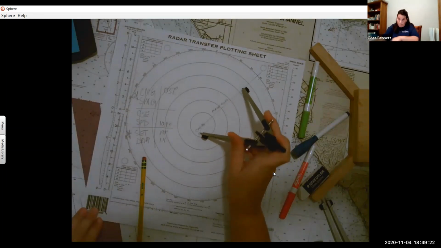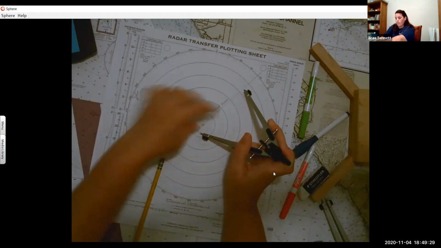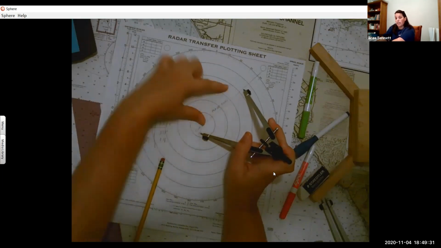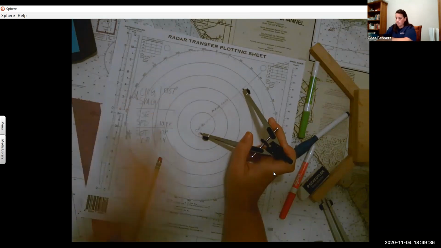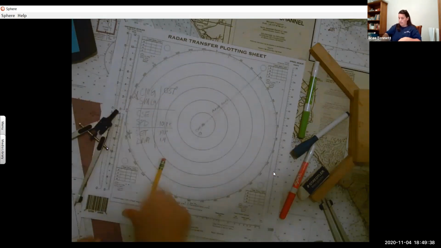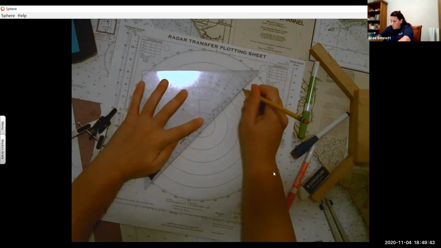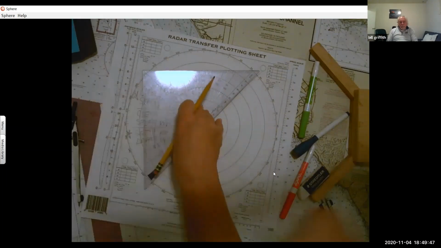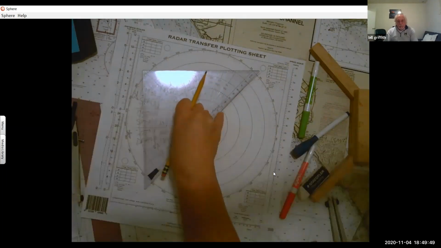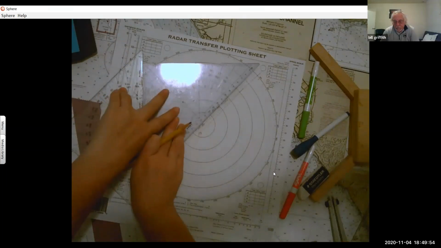So we go from the end of the current line, not the center, to keep it different from our made good line, because it's not in the same bracket. So there's our 10. Then we can connect the two and get our course to steer.